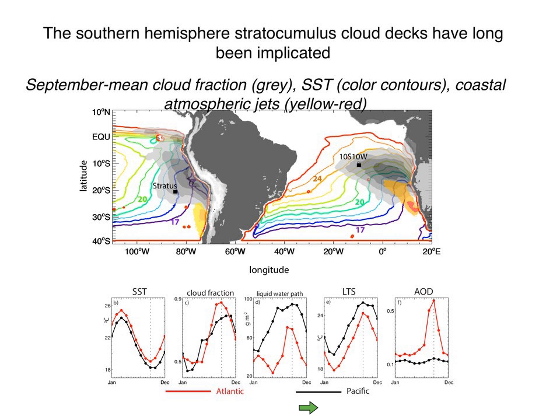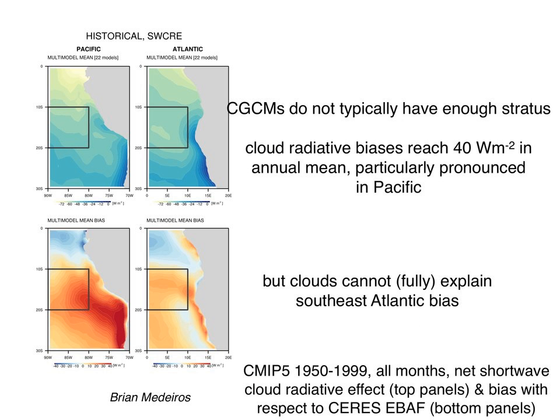So the most important thing of these clouds for the SST distribution is their radiative effect at the surface.